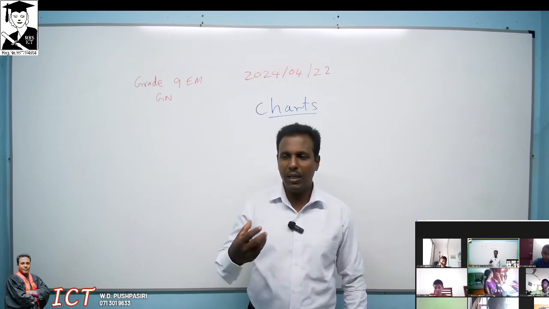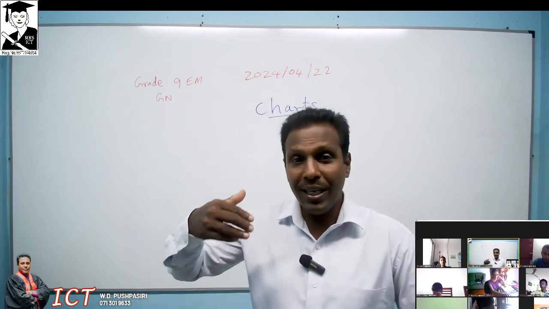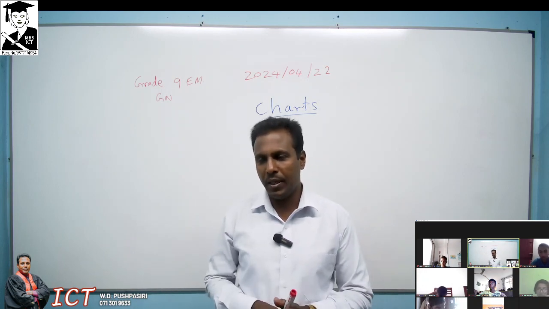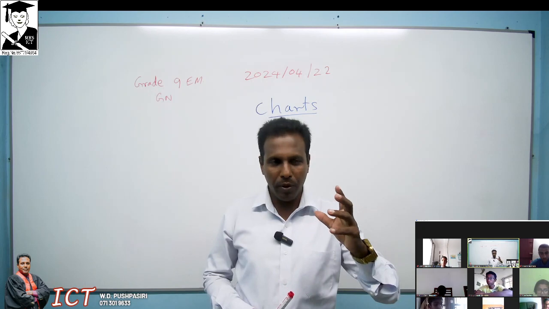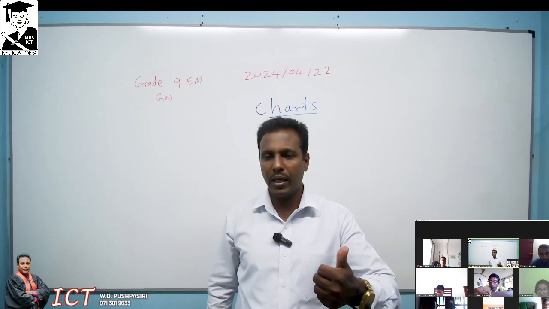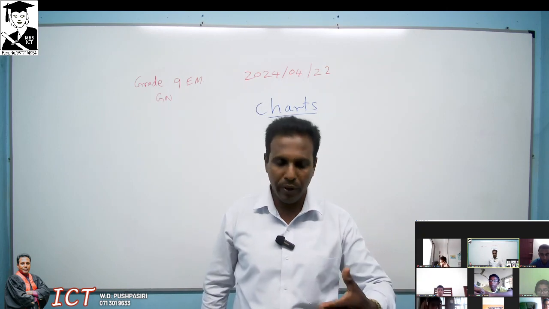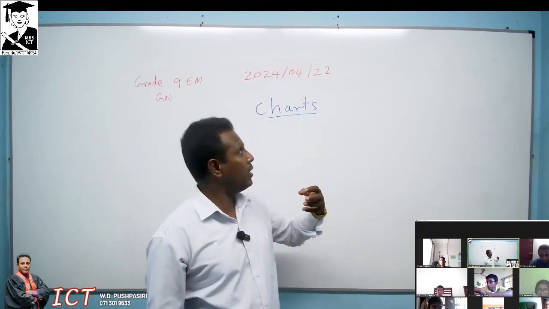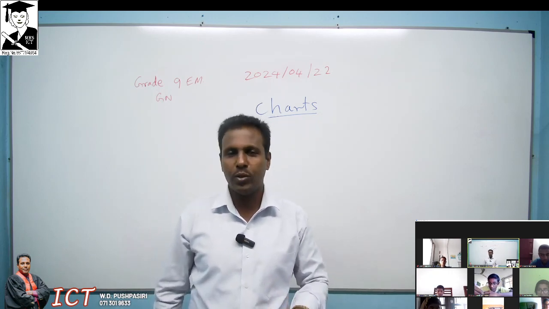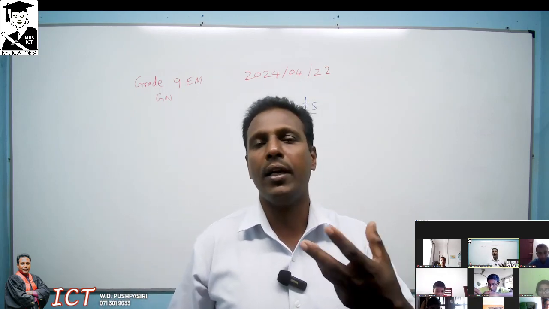So charts mean that information is represented in a graphical mode. There are many ways of giving information to us: one is sound, one is audio, and one is printed matter. In Excel there is a lot of data, which is processed to give us information in a graphical way.